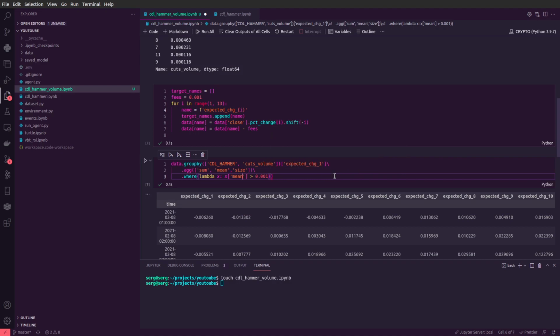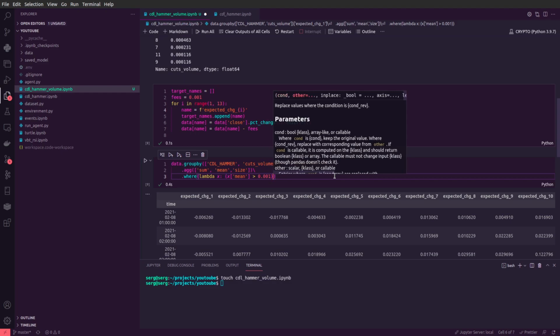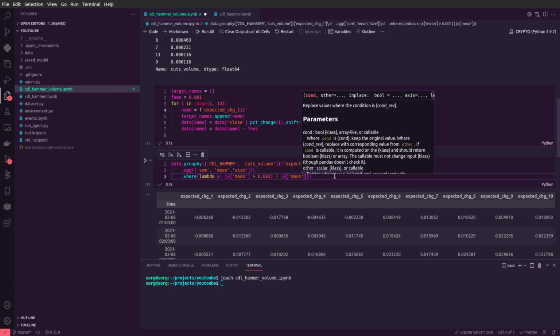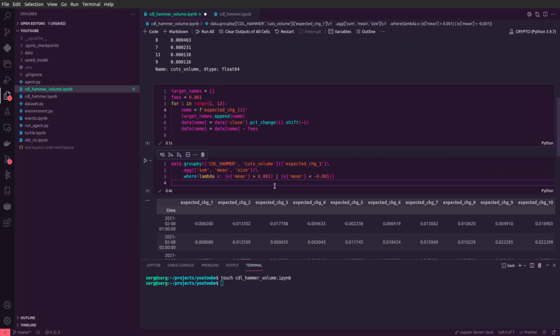It would be one condition, or another condition: x mean when it is less than 0.001. It would be one condition or the other.